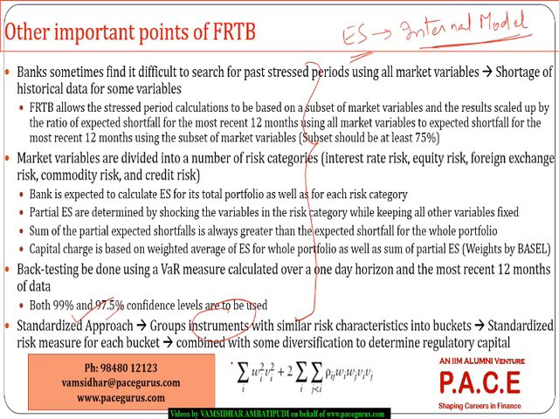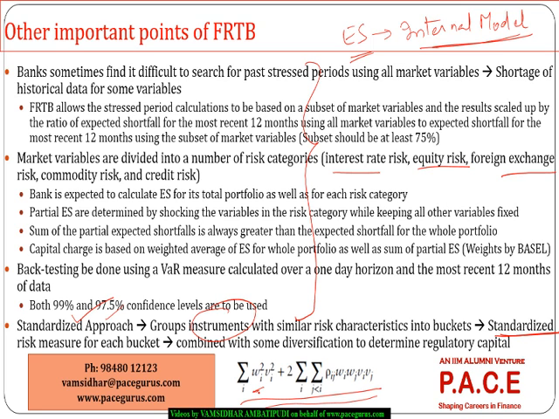Identify all your instruments and categorize them, group them into different risk categories, and come out with a standardized risk measure for each of those buckets. And this is the kind of formula that you can use.